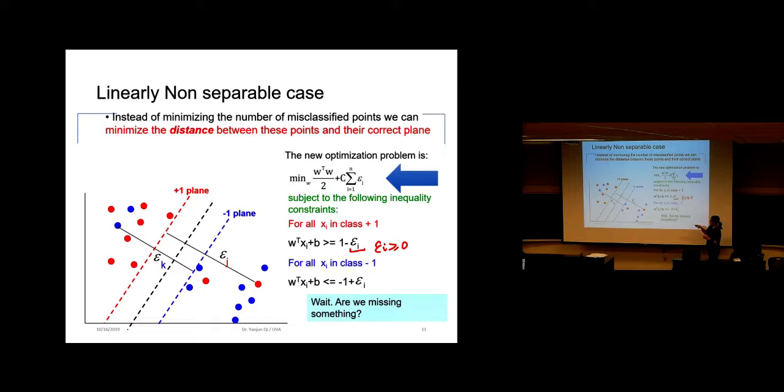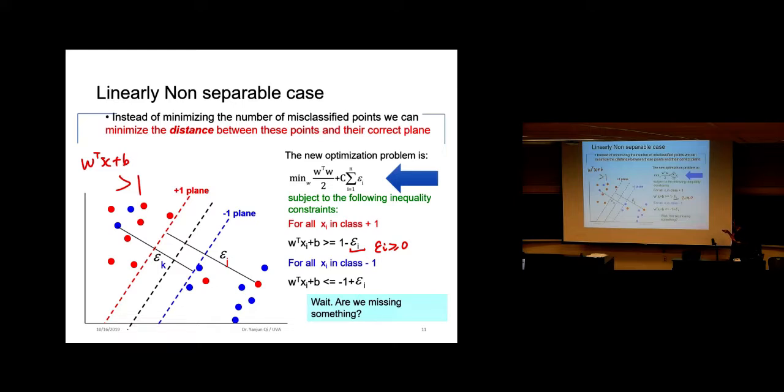This point's W transpose x_i plus b is larger than 1 because it's on the left side of the +1 plane. All the points on the left side of the plane will have W transpose x plus b larger than 1, right? That's guaranteed by the linear function. So all the points here will be larger than 1, and of course larger than 1 minus epsilon, because epsilon is a positive number.